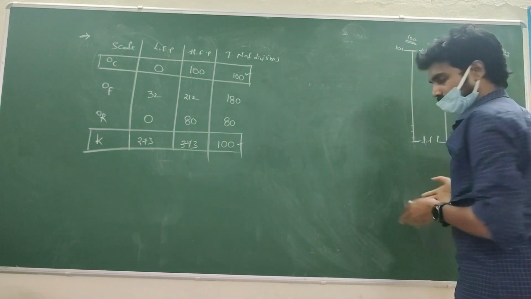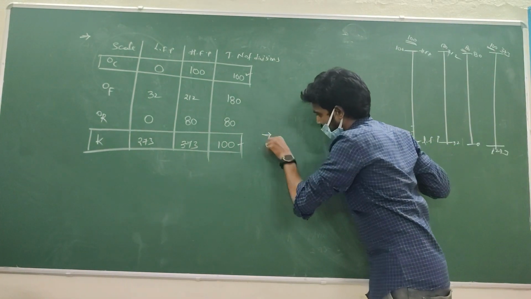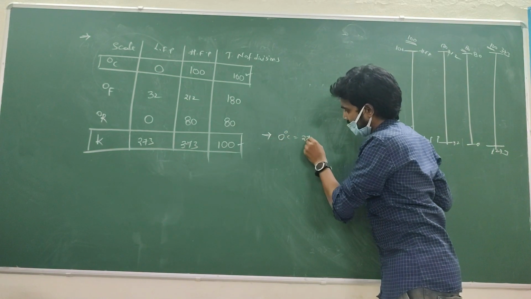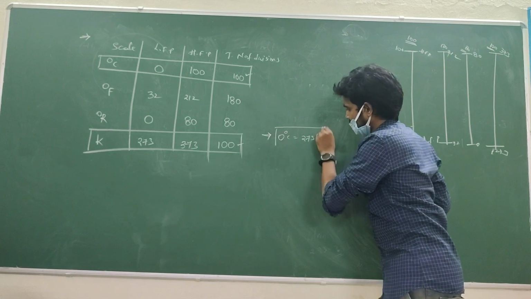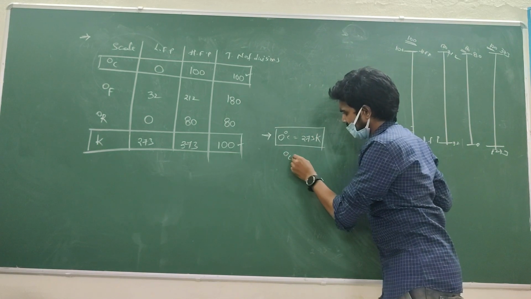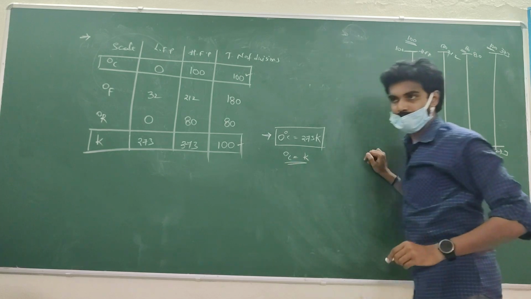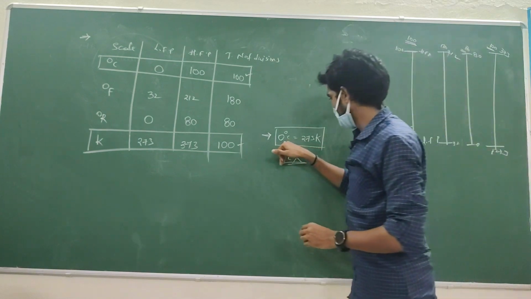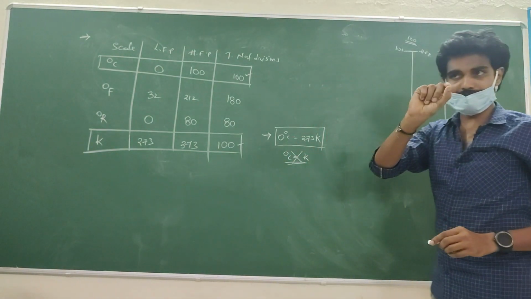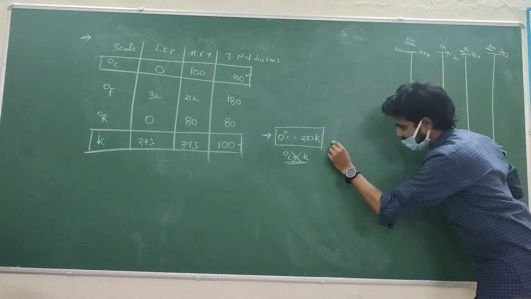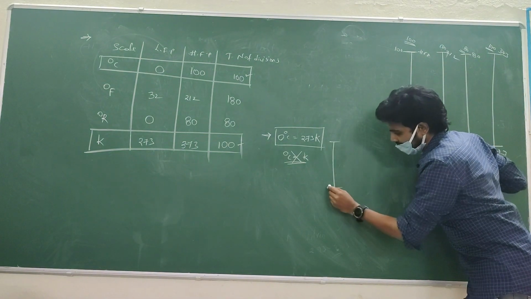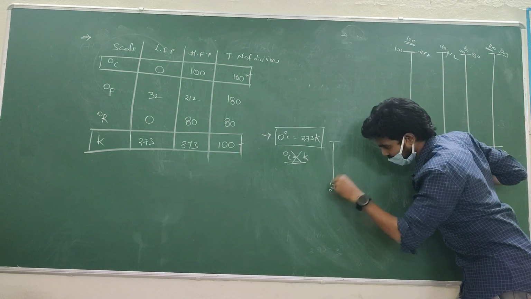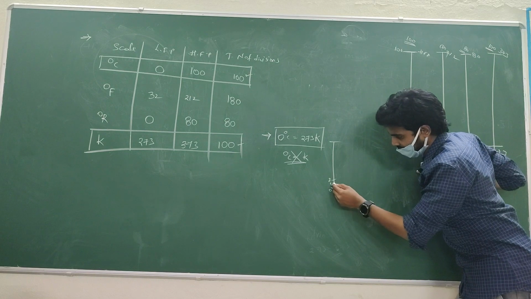In our textbook they had given us 0 degrees centigrade equals 273 Kelvin, which means degree centigrade is equal to Kelvin. Is it true? No, it's not true. What happens here is the centigrade scale begins with 0 and then there is 1, so between 0 and 1 there is a space.